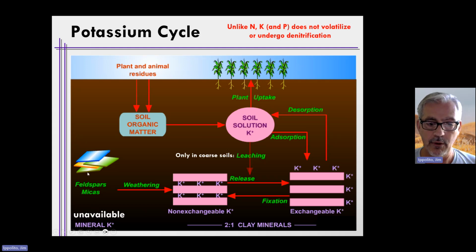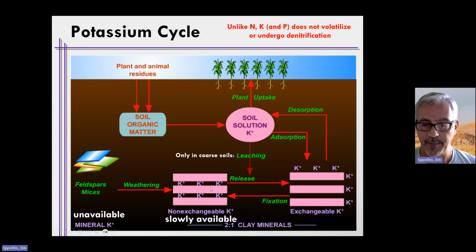And when these minerals start to decompose due to weathering, so freeze thaw, hot, cold, wet, dry, etc., potassium is released from these mineral phases and ends up inside of 2-to-1 type clays in the interlayer. This potassium in the interlayer is slowly available.